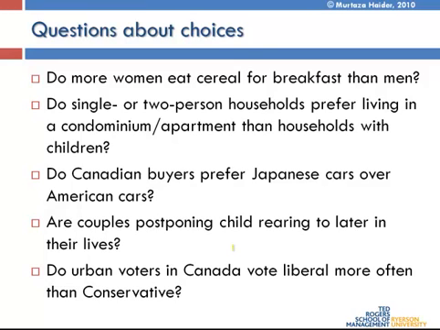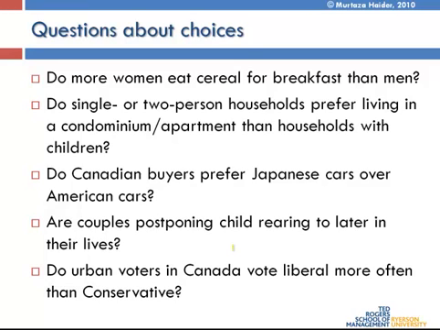And here the choice is between various types of housing. So you can have a regular detached or a semi-detached house versus an apartment or a condominium. And then the question is, those who are smaller households, such as singles or two-person households, are they more likely to live in an apartment than those with children?